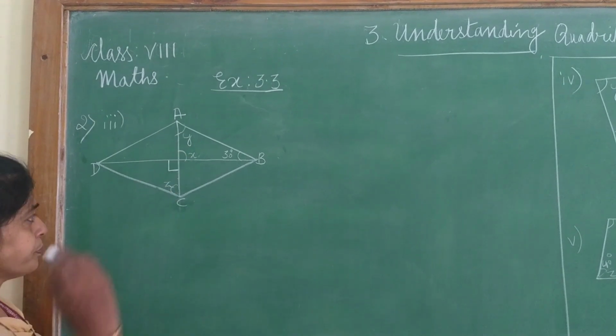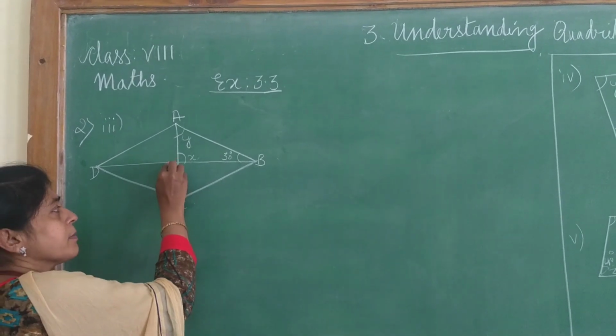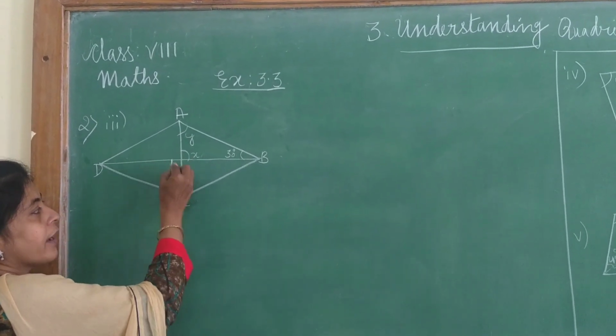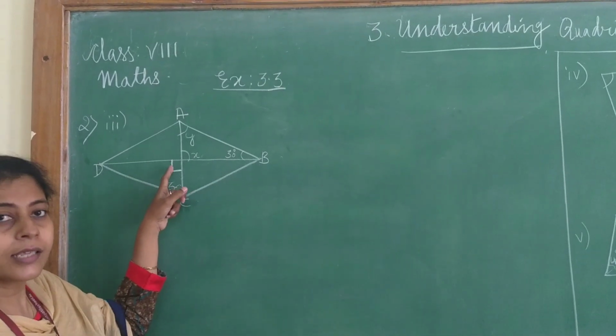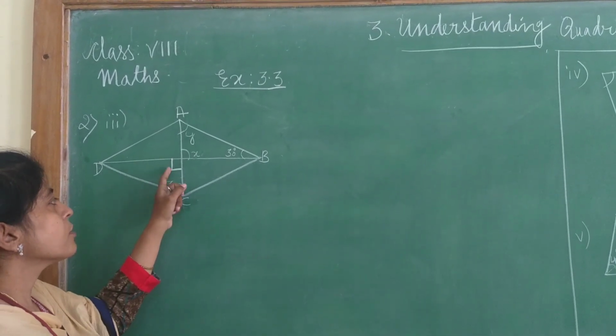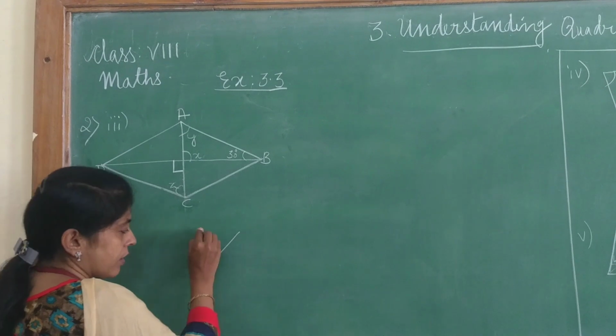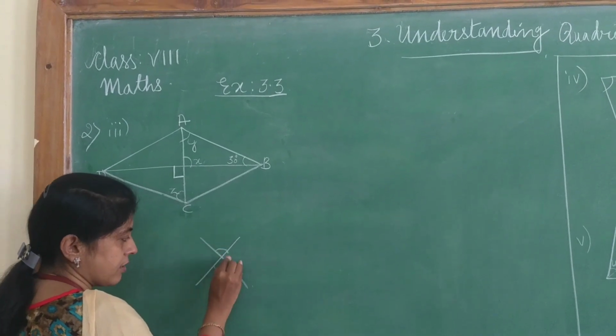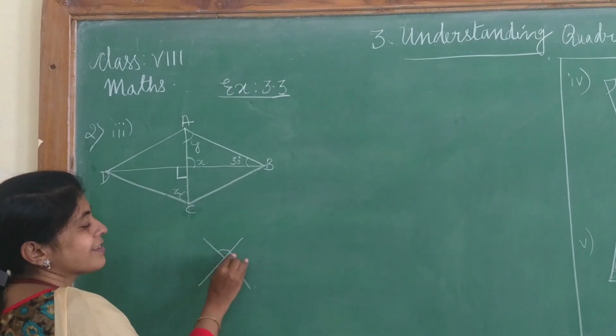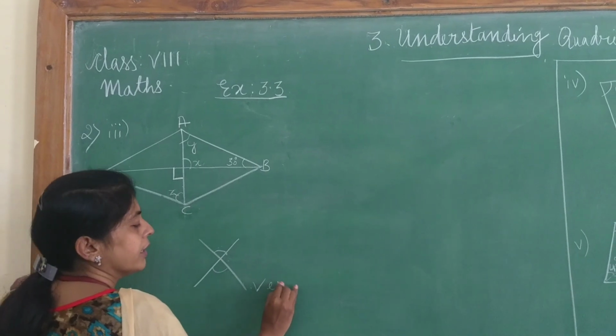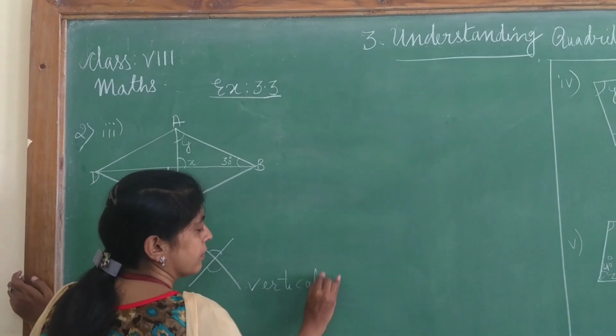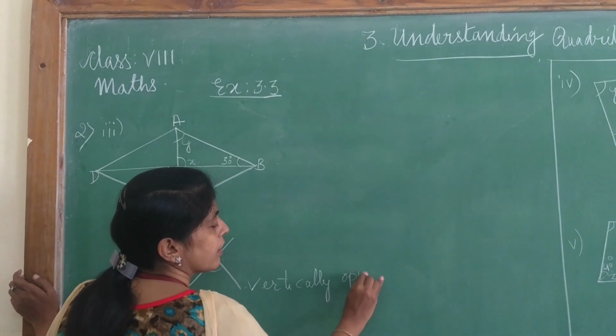As we know, this symbol shows that this angle is equal to 90 degrees. Such types of angles are said to be vertically opposite angles.